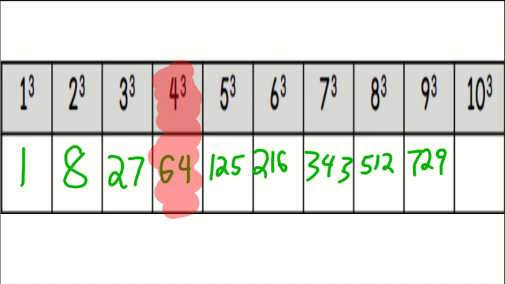All right, 10 to the third power. Keller? 1,000 is correct. Ten to the third power is a 1 followed by 3 zeros. For stuff that we'll get to later this year, we'll work with 10 with different exponents more.